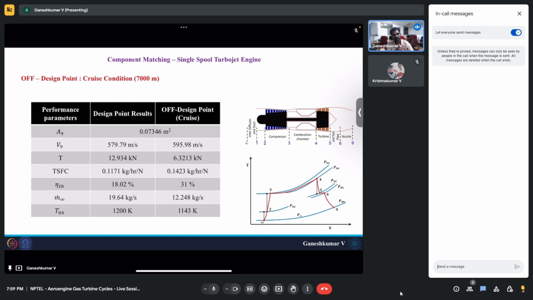And that should be your setting in your engine. From T04 by T02, you get F, and that F should be the fuel flow rate in your engine.